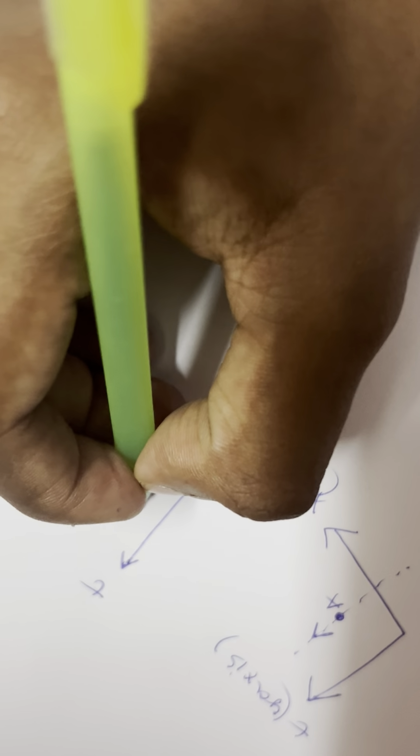So if we are talking about light, light will always bend towards a 45 degree angle, which will make a 45 degree angle with the time axis and the space axis. There is a reason, because the speed of light is constant, which is 3 into 10 power 8 meters per second.